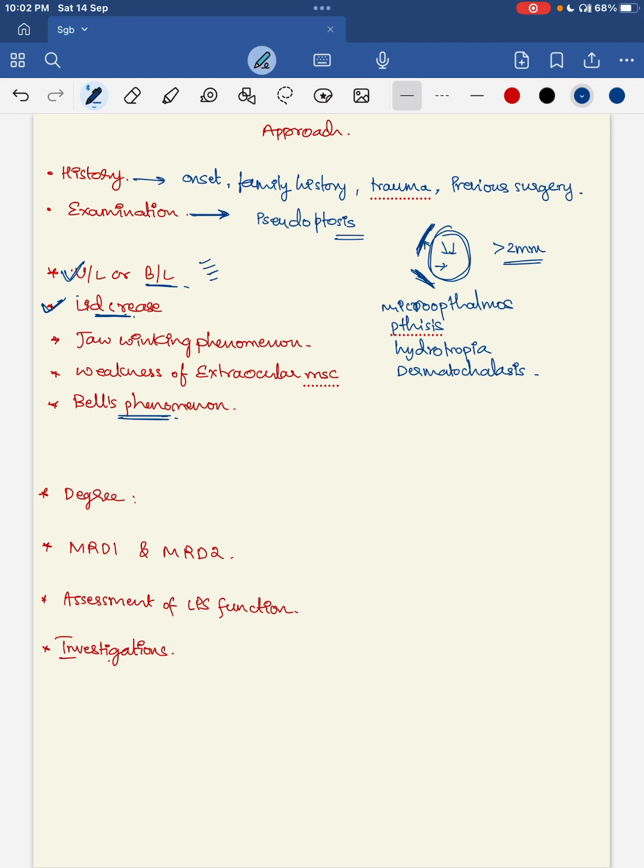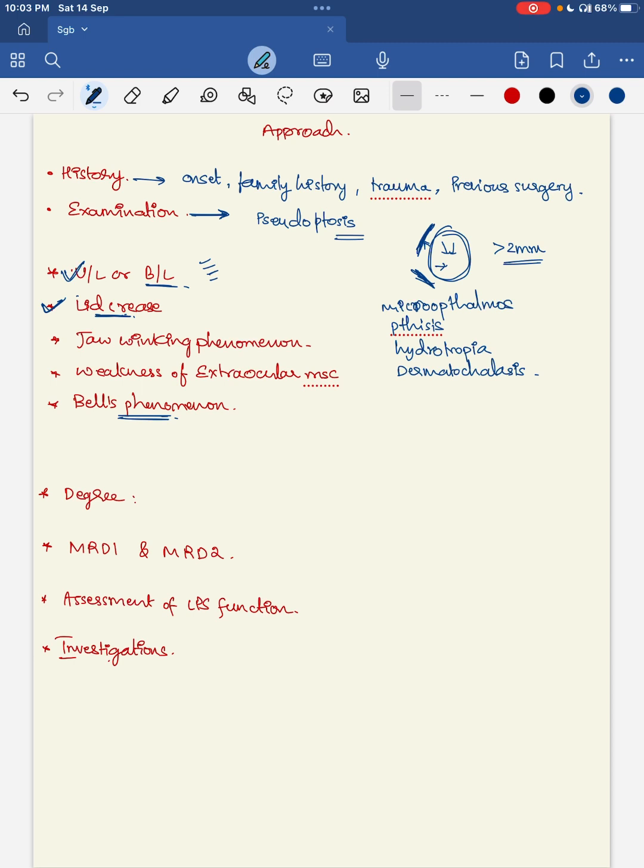It is said to be a protective reflex. This is normal and it is not observed in all cases. But in case of orbicularis oculi weakness or any other extraocular muscle weakness, this is seen properly. If it is absent, it is pathological and tells us there is extraocular muscle involvement and a certain definitive neurological phenomenon. Bell's phenomenon has to be examined, whether present or not.